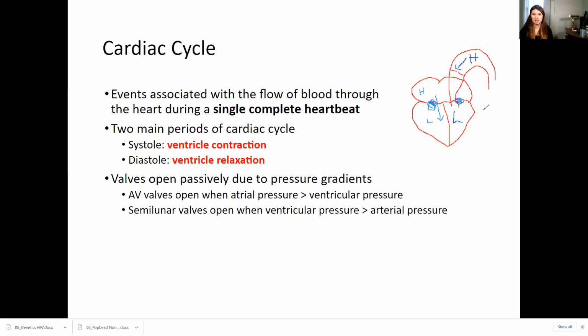That's the only thing that matters for this blood flow. But we wouldn't be able to do that because that would slam our semilunar valve shut. So whenever the blood is trying to backflow to where it's just been, that's when we're going to see our valves closing.